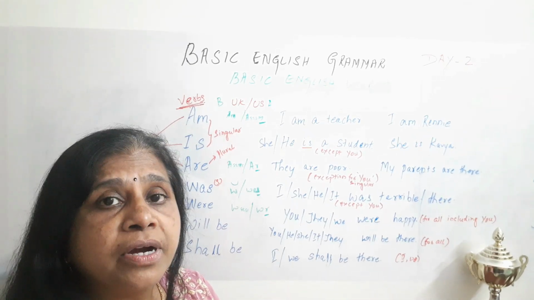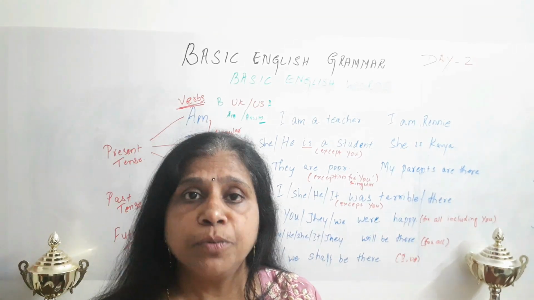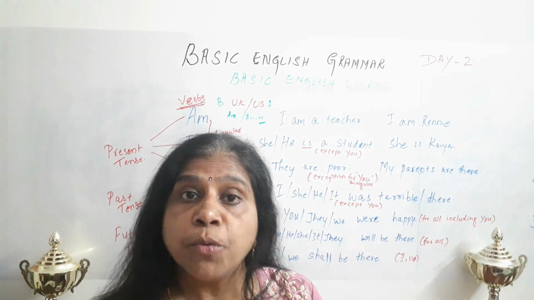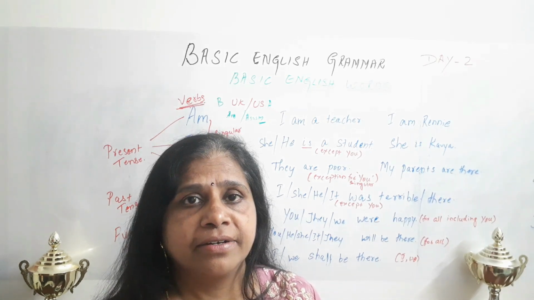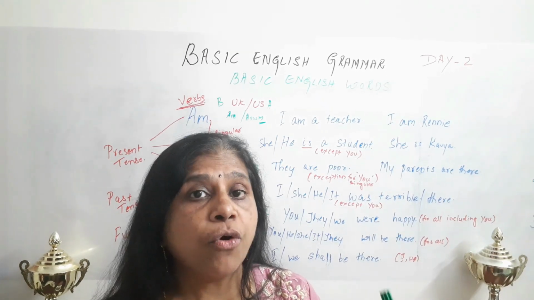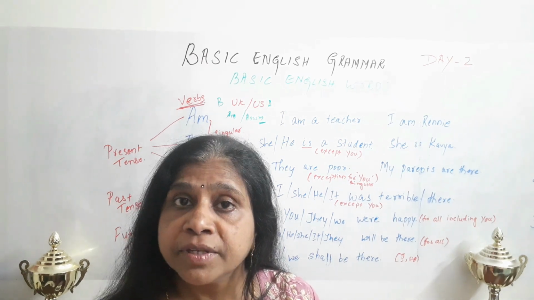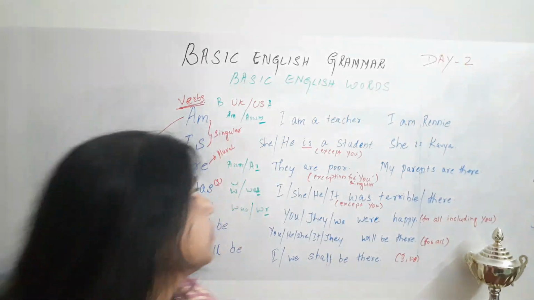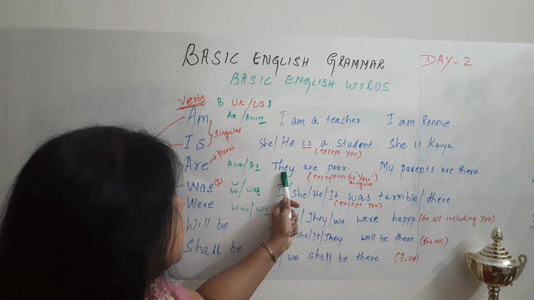For you, either it may be singular or it may be plural. For both the cases we can use are. You are. Either it is a single person or it is plural, many people. They are poor. Here they is plural.